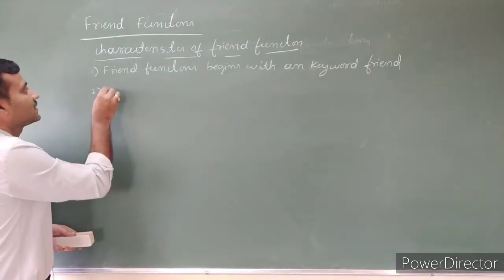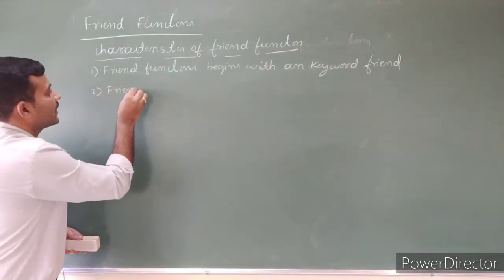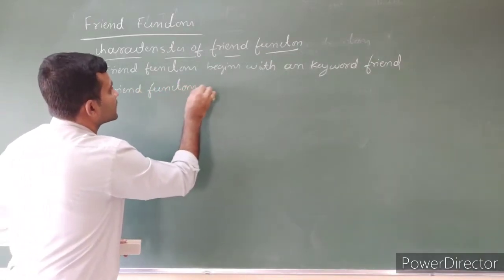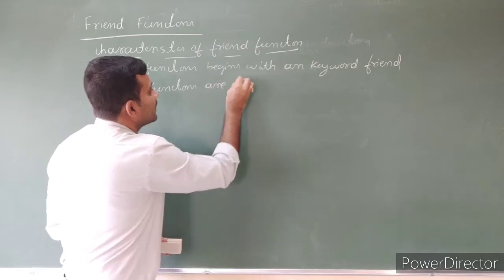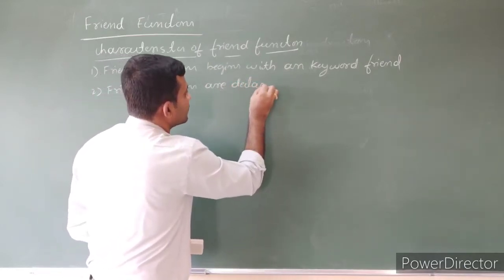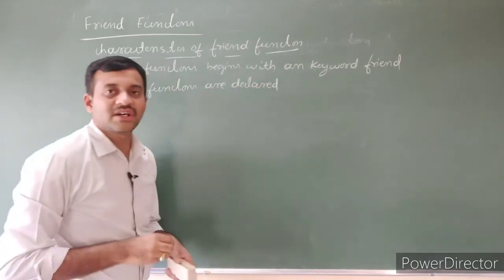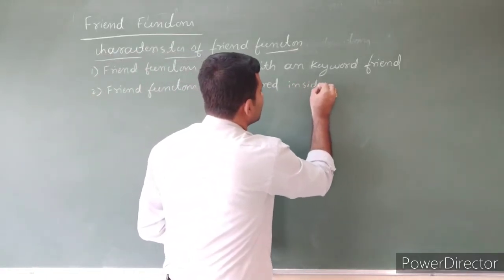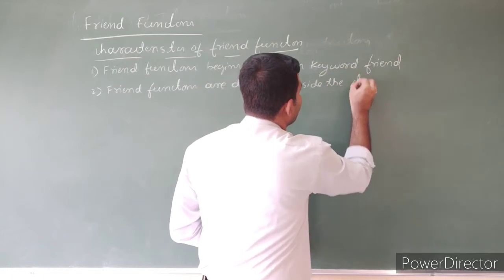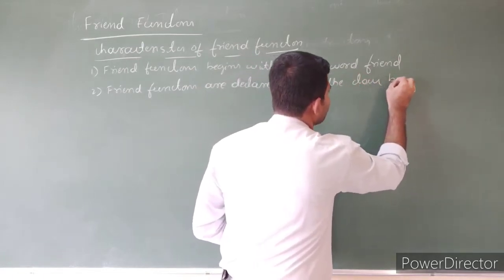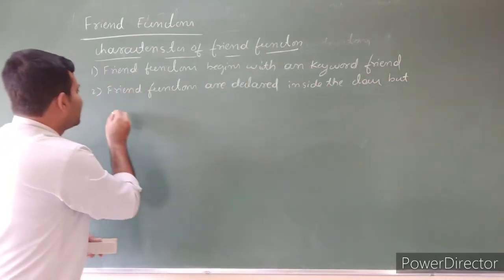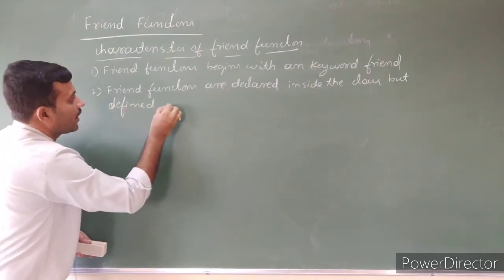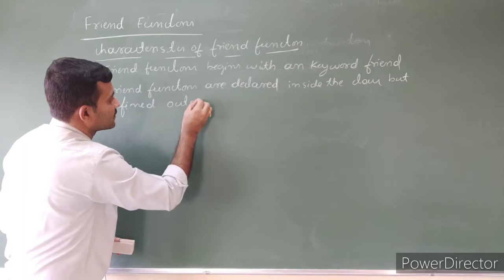The second one is that friend functions are declared inside the class but defined outside the class.